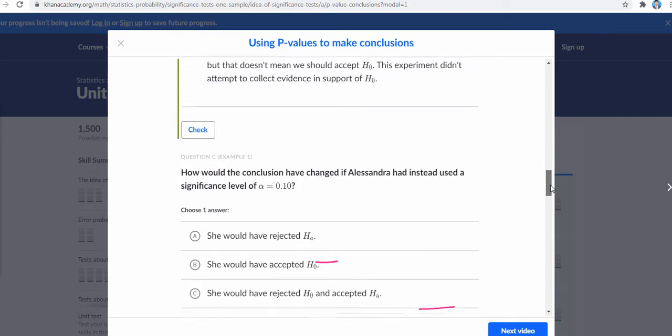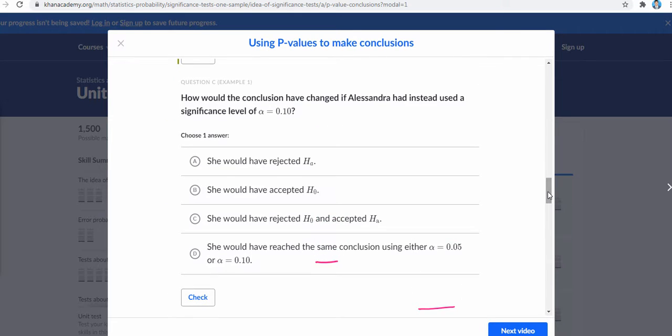Now the next one says, how would the conclusion have changed if Alessandra had instead used a significance level of 0.1? I think there will not be any impact. Let me check. Yeah, the options say she would have reached the same conclusion using either 0.05 or 0.1.